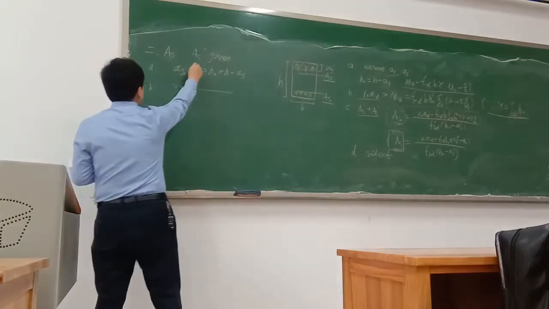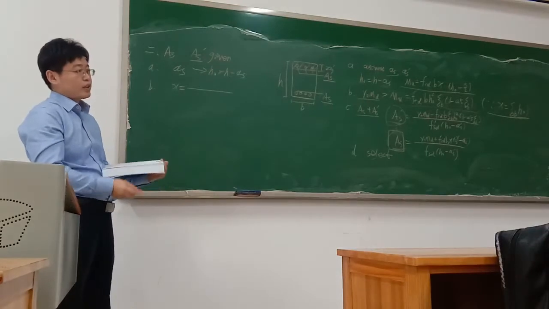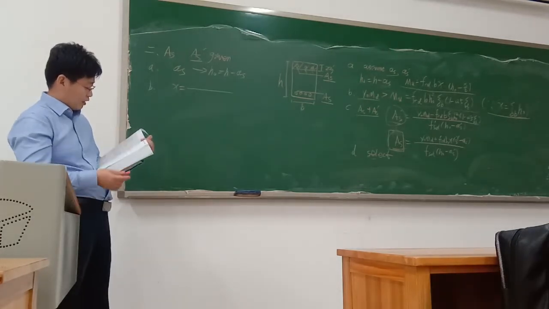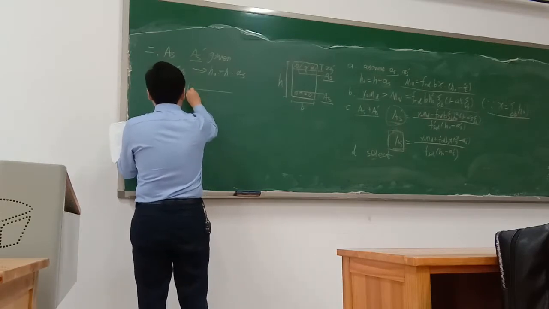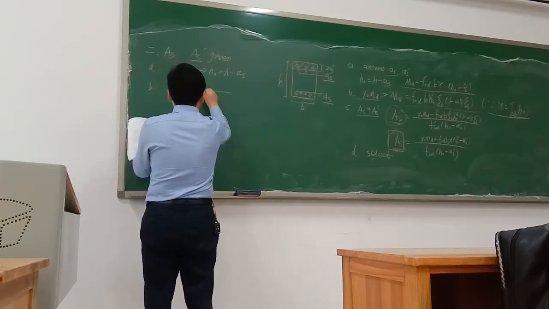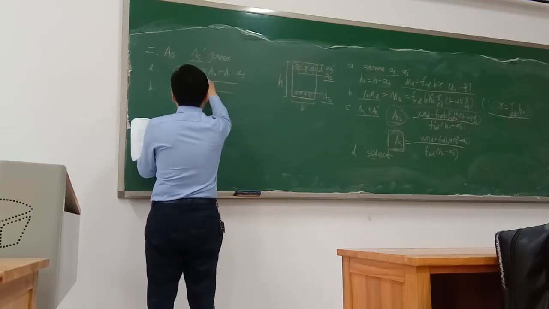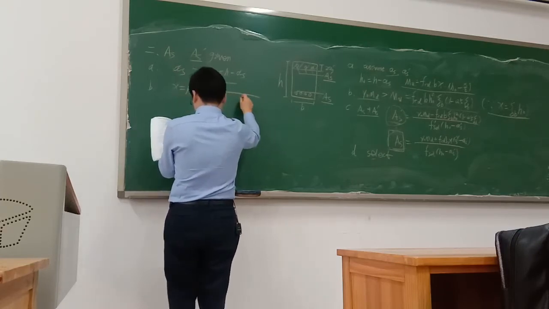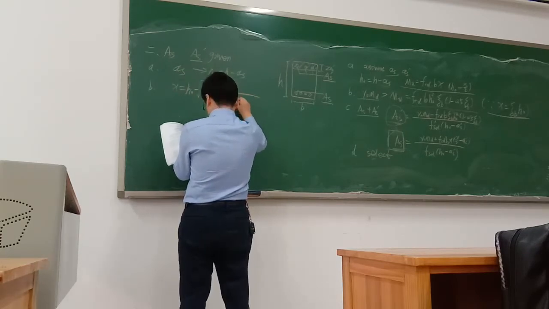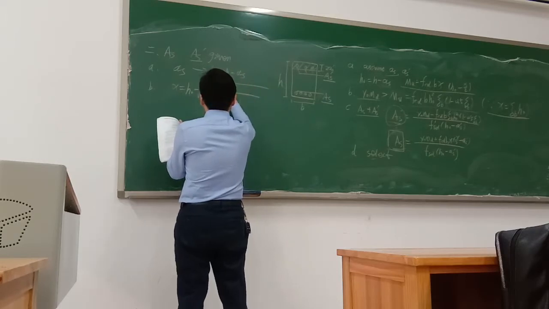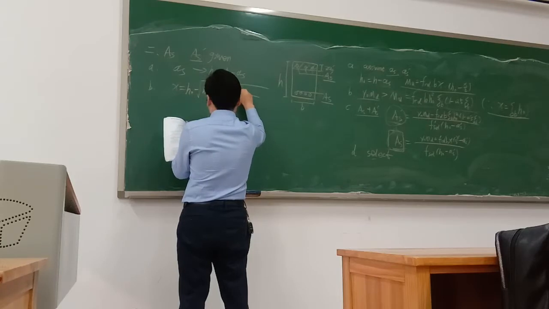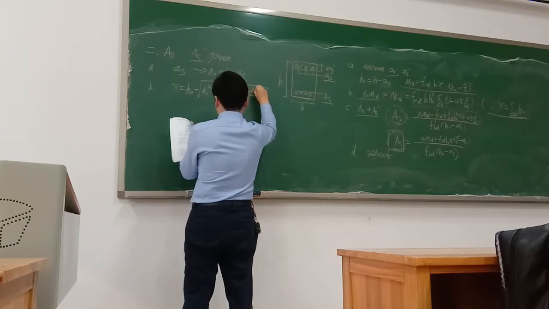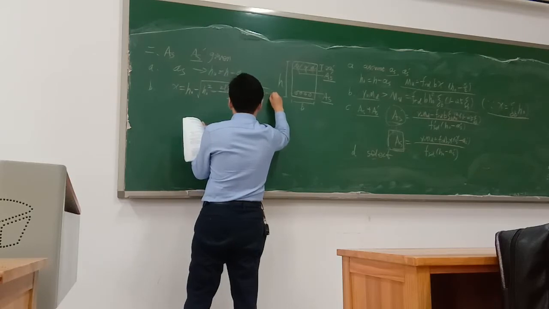Because AS prime is given, you use the basic equation to get x: x equals h0 minus the square root of h0 squared minus 2 times bracket gamma 0 Md minus f y prime As prime (h0 minus a s prime), over f cd b.